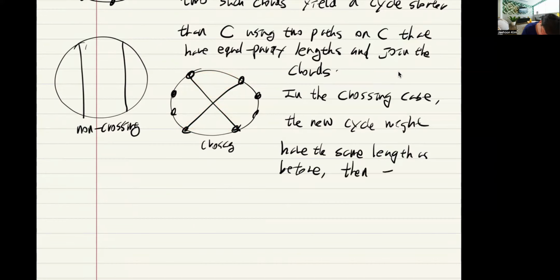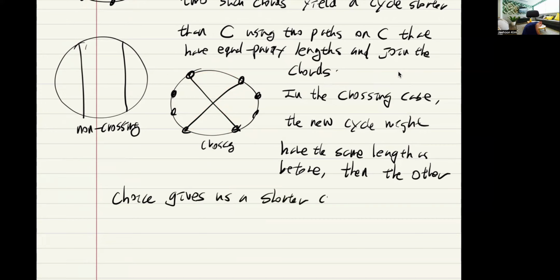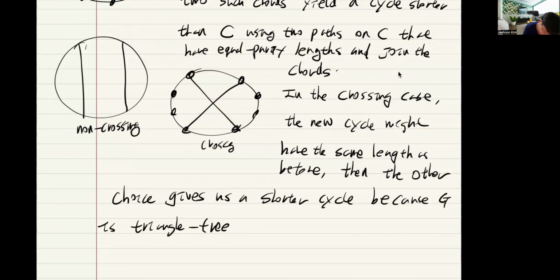Then the other choice gives us a shorter cycle. Why? Because G is triangle free. Meaning, why do we know that this choice is shorter?